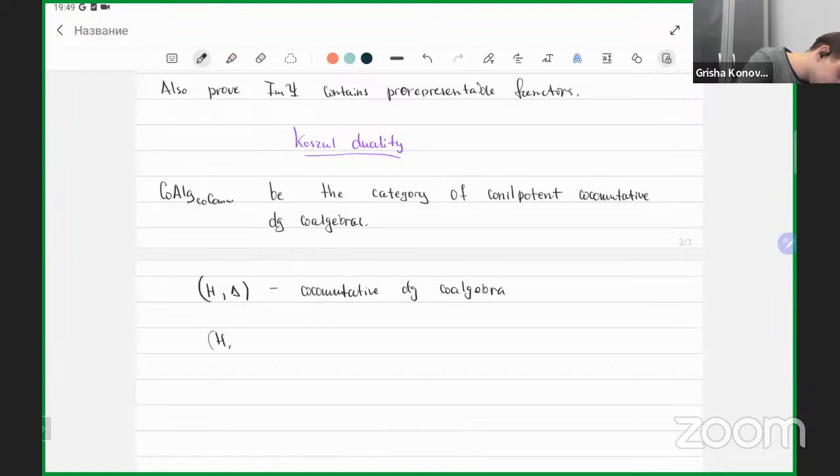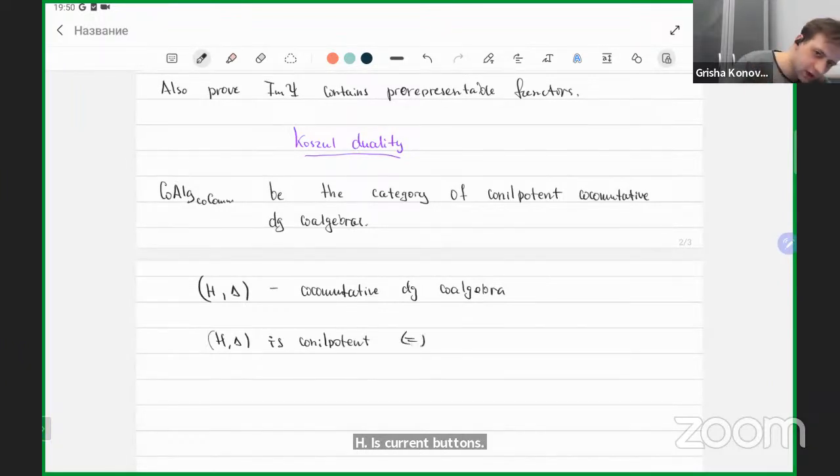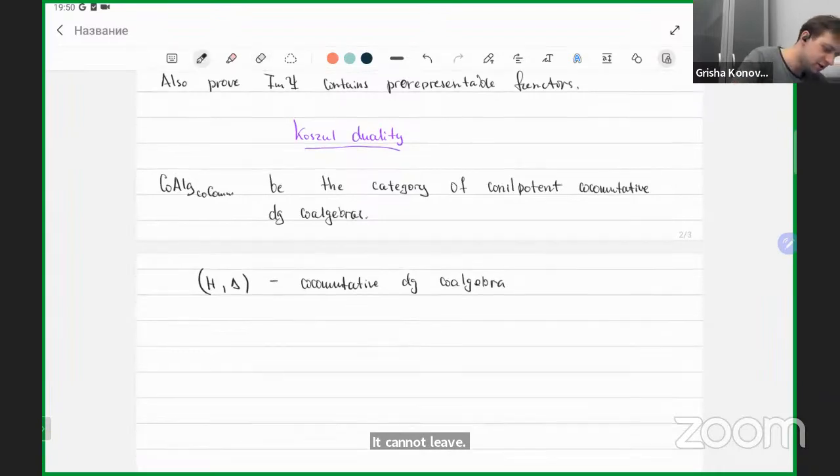H is conilpotent if and only if... no, just a second. Let's make a construction first.